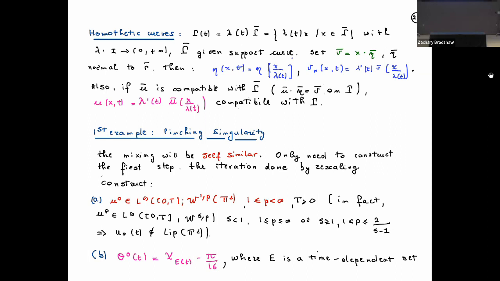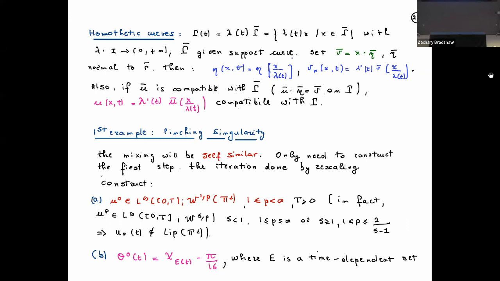The point is, what do the normal velocity, the frames, and the vector fields U do in this case? If I call V bar, x dot, and eta bar, where eta bar is the normal to gamma bar, that's time independent, then I can construct the normal to the dilated curves and the normal velocity of the homothetic curve simply by a scaling. And so this is straightforward.